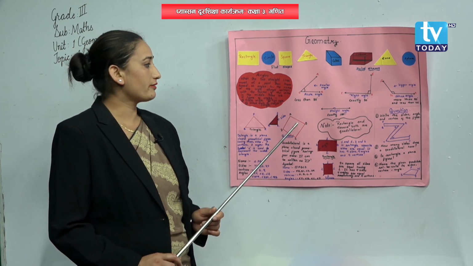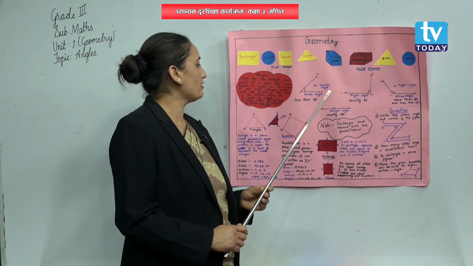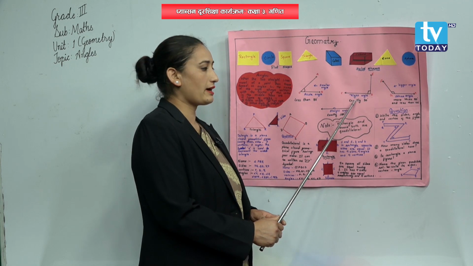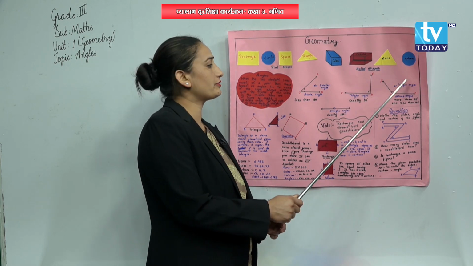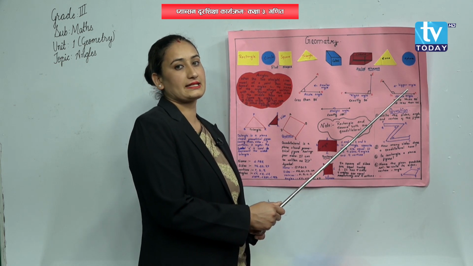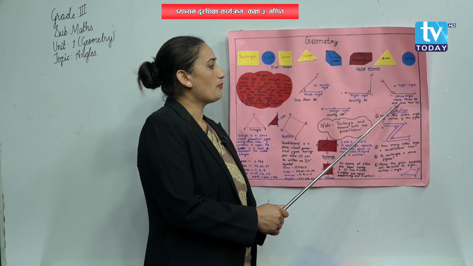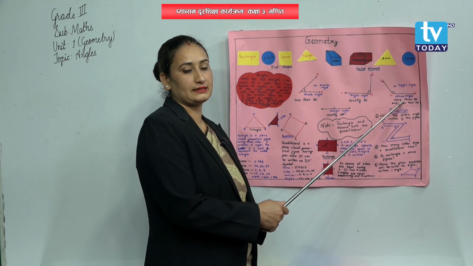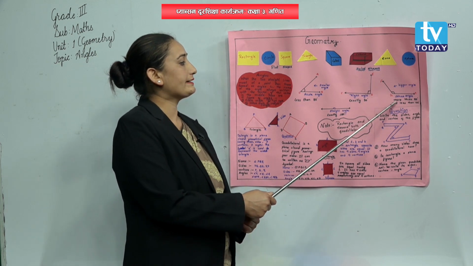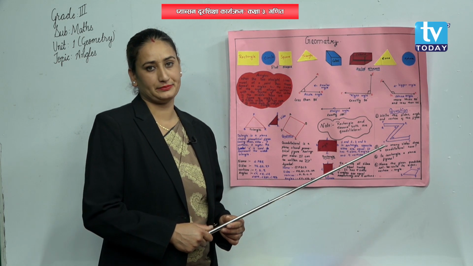Okay, first acute angle is completed, second the right angle is completed. Now it's time for the third, the bigger angle. It is more than 90 degrees and less than 180 degrees.